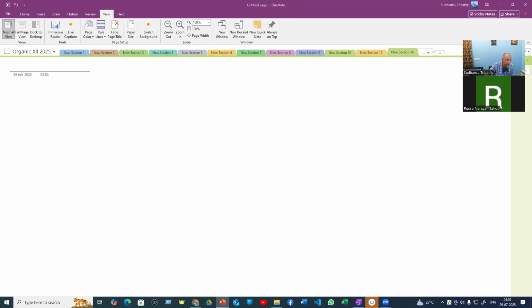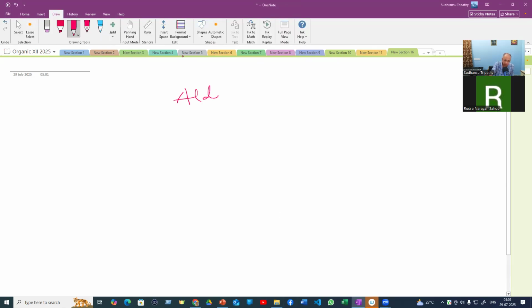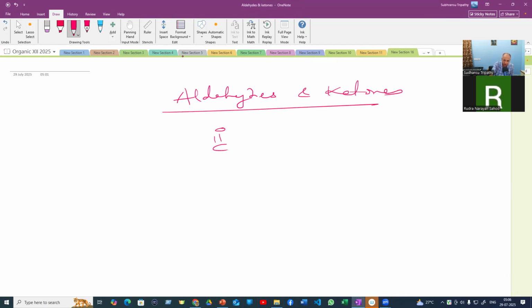I am sharing the screen, and to begin with, this, as you know, is a carbonyl group. As long as it is not bonded with any heteroatom like oxygen or nitrogen having a lone pair, it is called a carbonyl group.